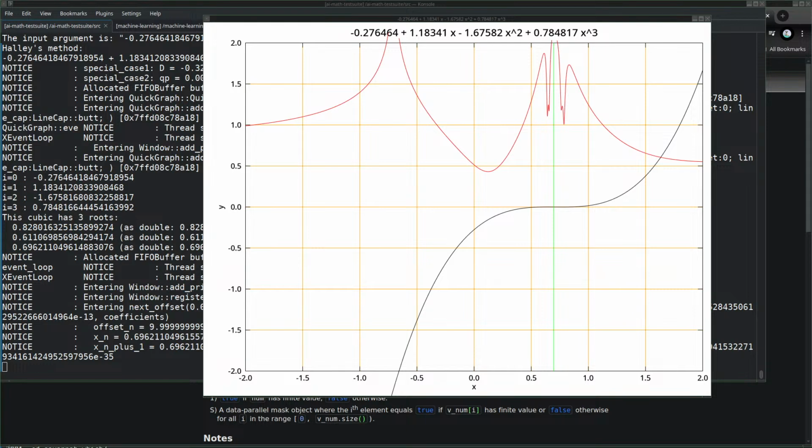Yeah, here it is, going through this point. And then what change did I make after that? Yeah, that's weird. The graph looks exactly the same, but the root is somewhere else. It's like just the green line is moved. That's the only thing that changed.